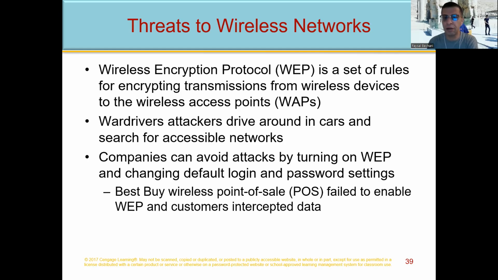And companies can avoid this problem by turning on the WEP and changing the default login and password settings. We saw that Best Buy's wireless point of sale, or POS, failed to enable the WEP and a customer intercepted data.